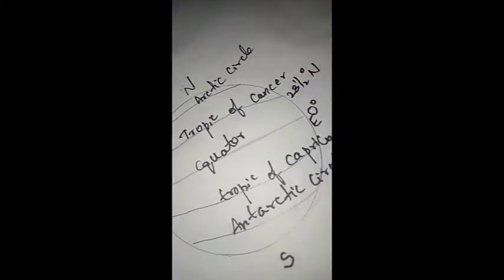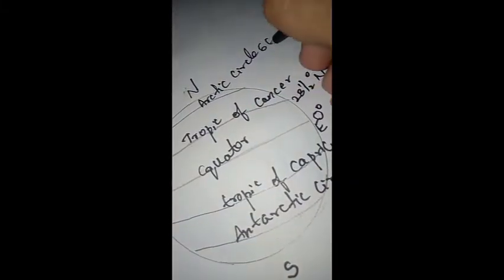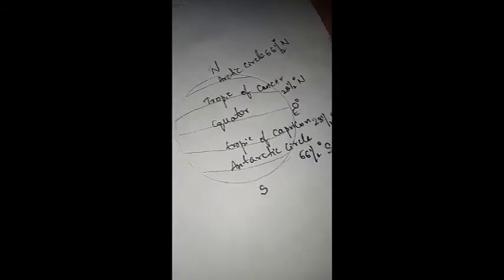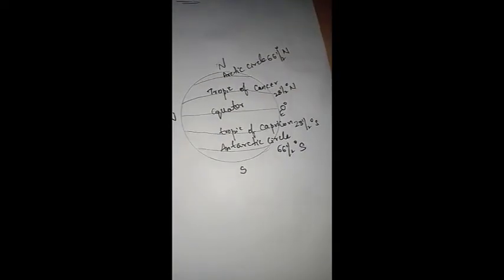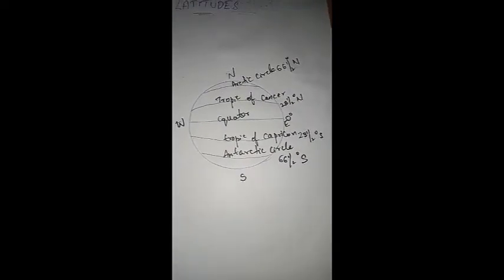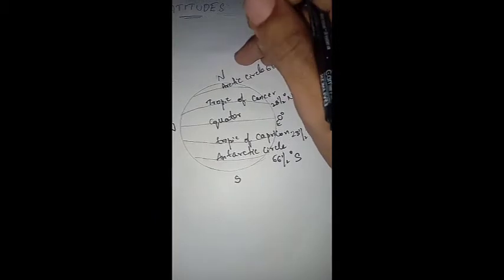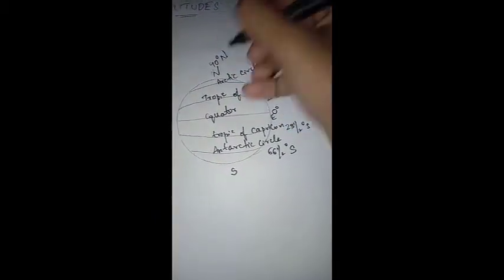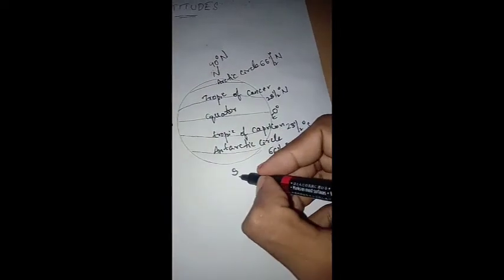Now the Arctic Circle lies at 66.5 degrees north, and the Antarctic Circle lies at 66.5 degrees south. The top part of the globe is called 90 degrees north, and the bottom part is called 90 degrees south.